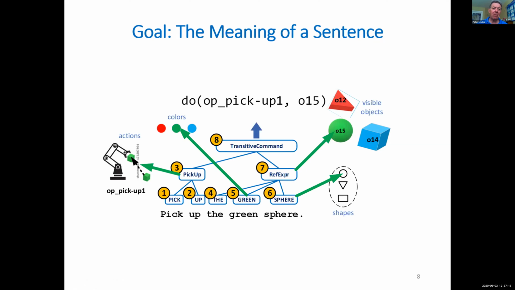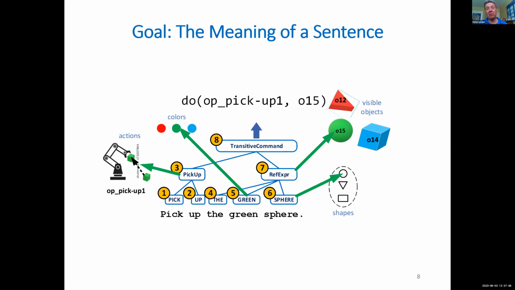First, we're doing it with incremental processing. All the numbered items you see there are instances of constructions that have been built in the order of the numbers. So we get pick and up, and we combine that into pick up, and then we immediately ground it to the agent's memory of the pickup action. And then the green sphere: green gets grounded to what we know about colors in the visual system.